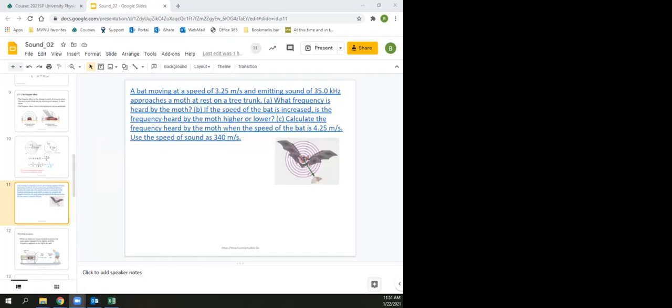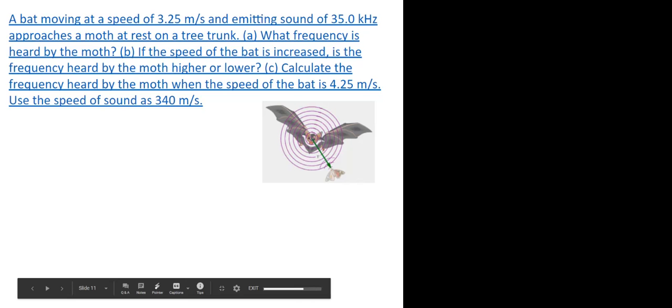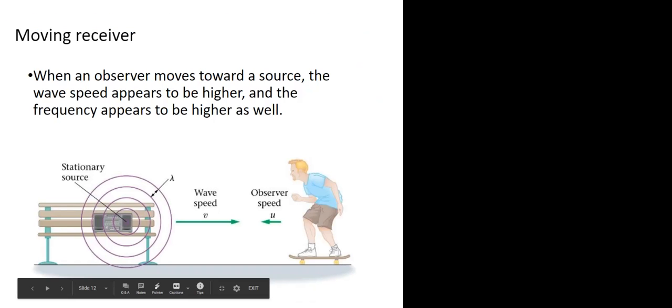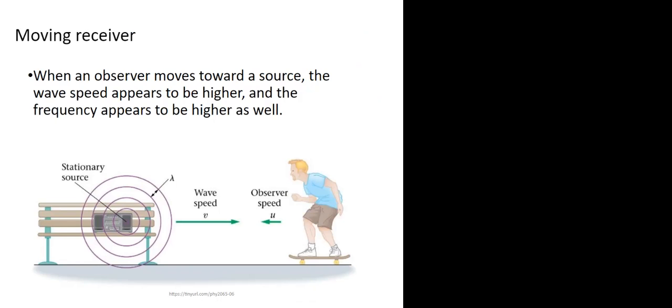So if not, then let's check on another scenario: when the source is stationary, but the observer is moving. Now we'll take a look at the case where the observer is moving towards the source. In that case, you can see different peaks.